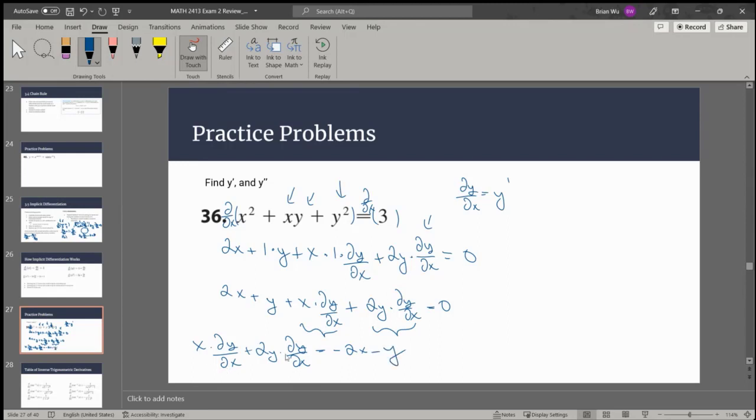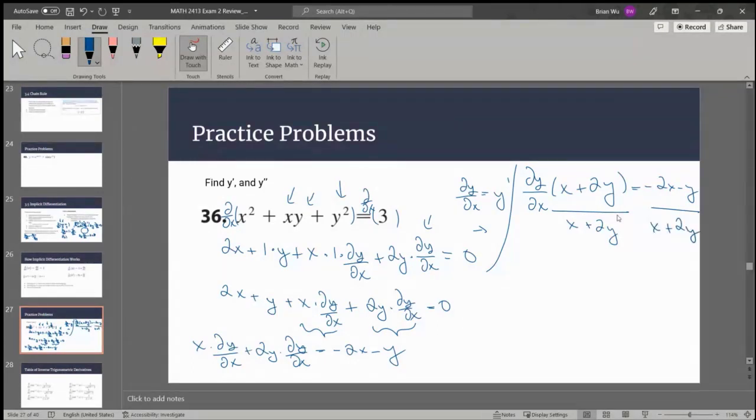And once you have this, you see that we can actually factor out dy over dx. And that becomes x plus 2y, and that's equal to negative 2x minus y. In this case, in order to solve for dy over dx, which is also y prime, you just divide both sides by whatever you have factored.